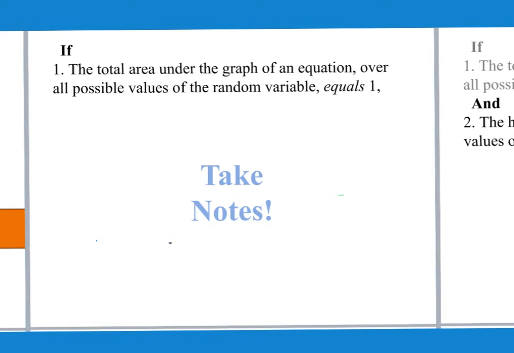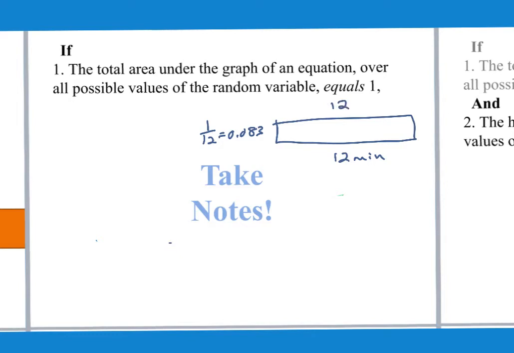Each of those 12 minutes was equally likely, so 1/12, 0.083. Everything was equally likely, and this is 12, the area. 12 times 1/12. That area equals 1.